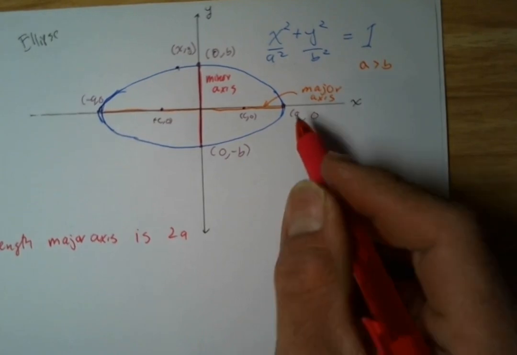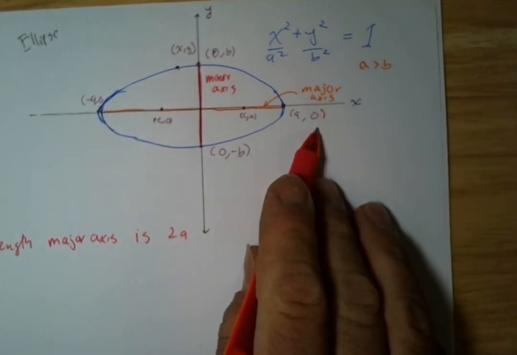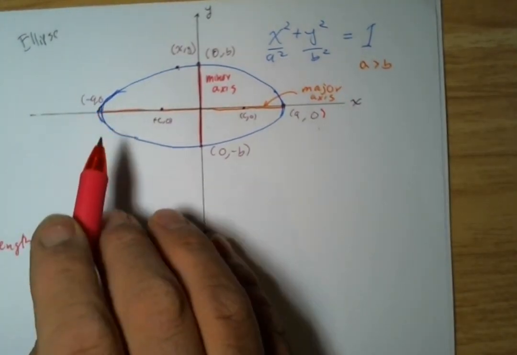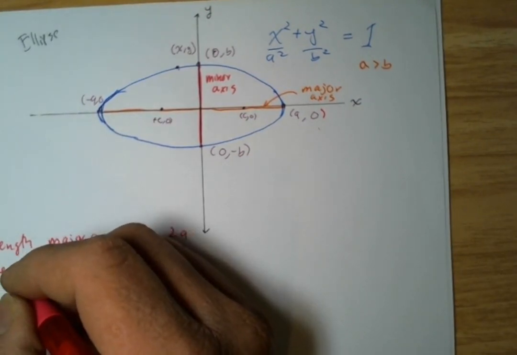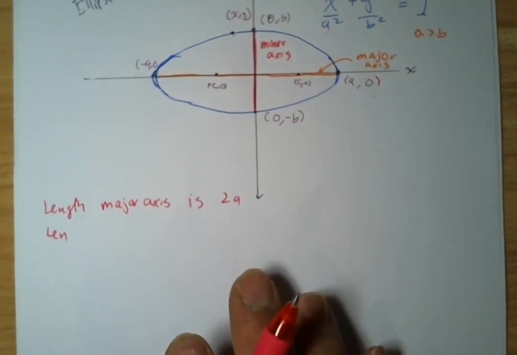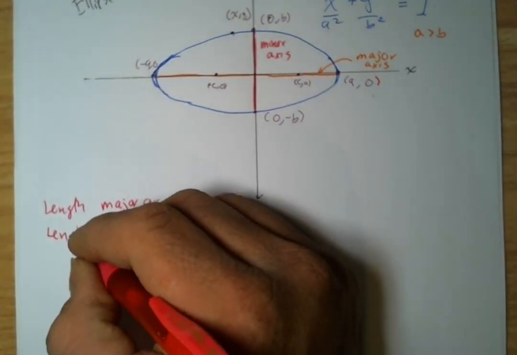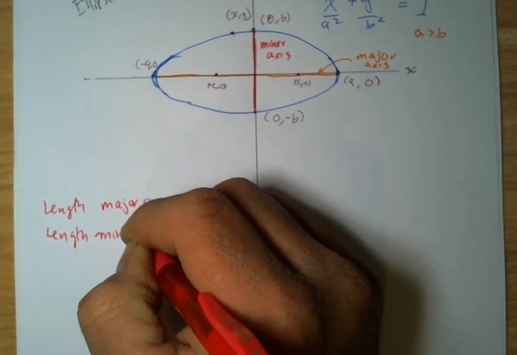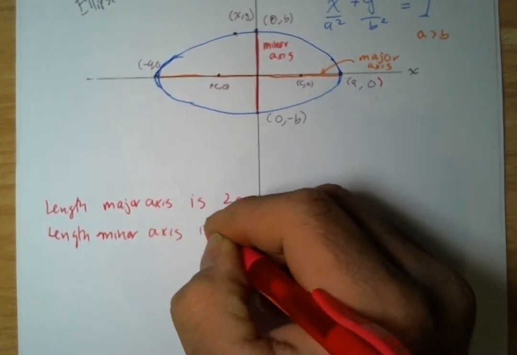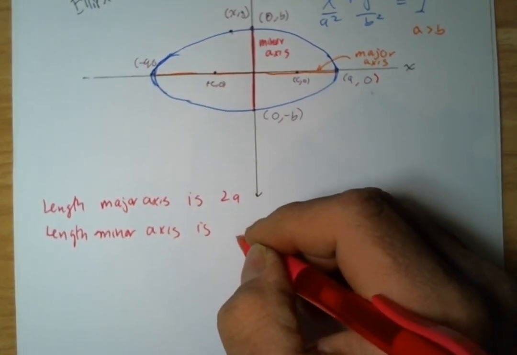All right, and we could see the coordinates there, right? The coordinates are (a, 0) and (negative a, 0), right? And the length of the minor axis is 2b.